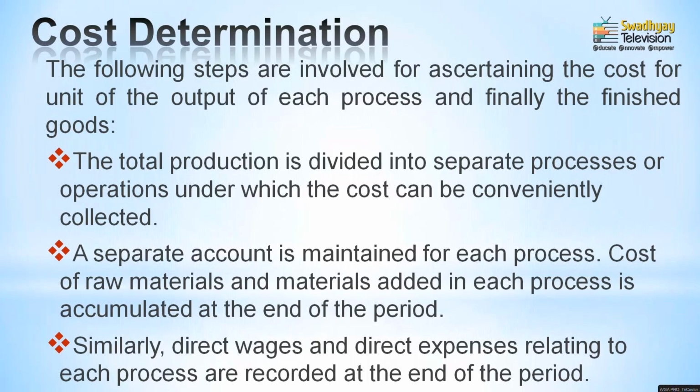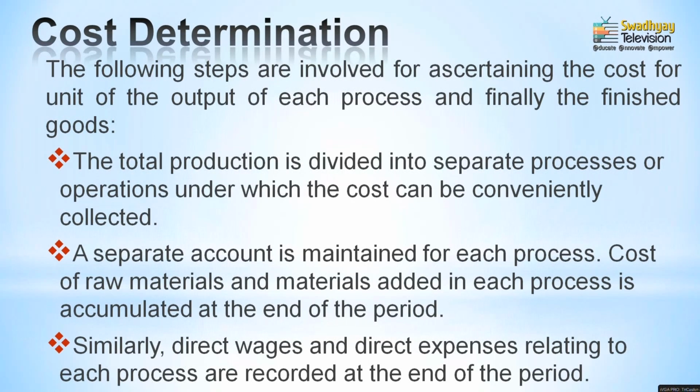The first point is that the total production is divided into different processes. As I already mentioned in the characteristics, the company or producer has to identify how many processes, operations and departments are required to manufacture this product.